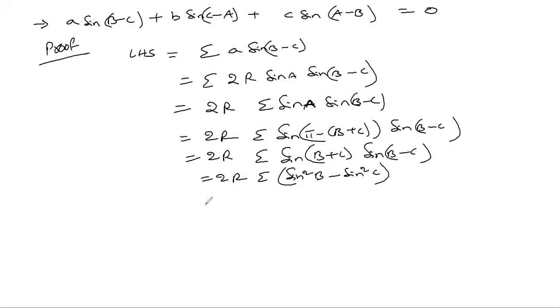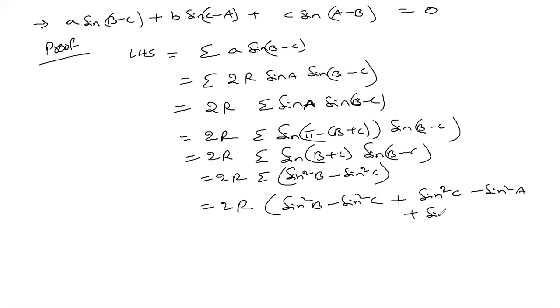So now let us apply sigma. It is sine square B minus sine square C plus, for angles A, B, C, you have to apply cyclicity, sine square C minus sine square A plus sine square A minus sine square B. So you can cancel the terms with opposite signs but same quantity.